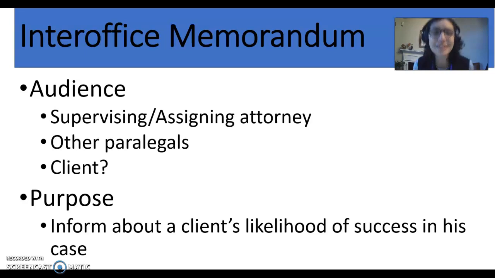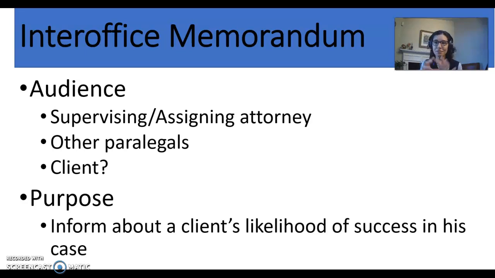So in other words, this is a type of writing where we are going to be assessing for our client, do we think you have a case, and why or why not? So that is our task, to do that work, that research piece, and we'll talk about it in a minute, and then produce a piece of writing.